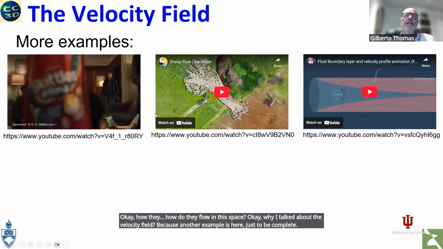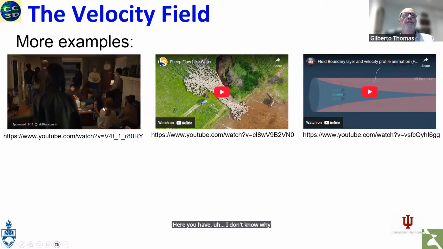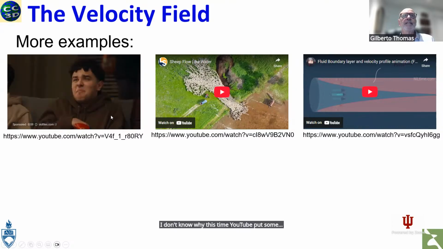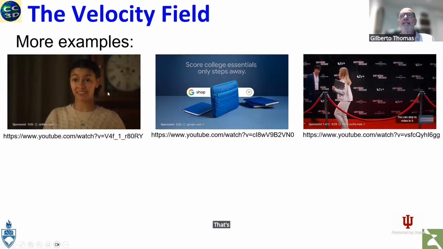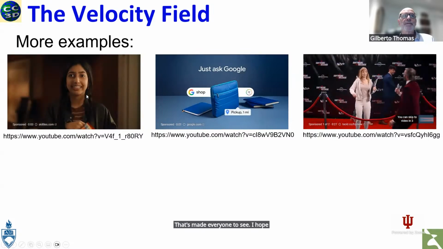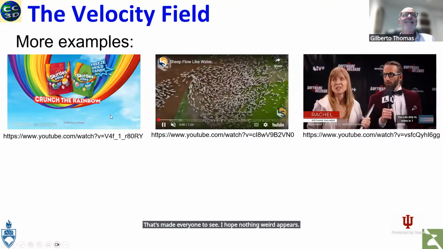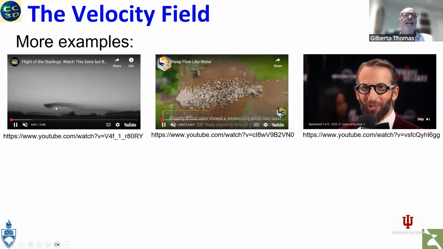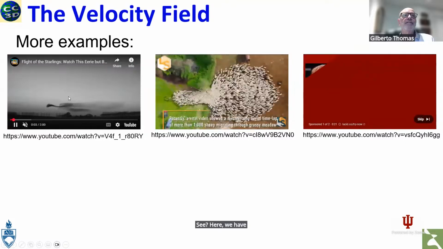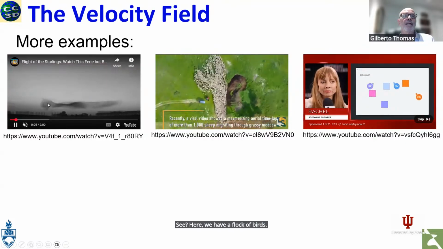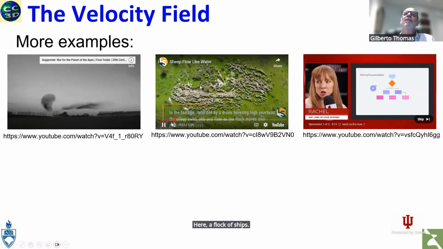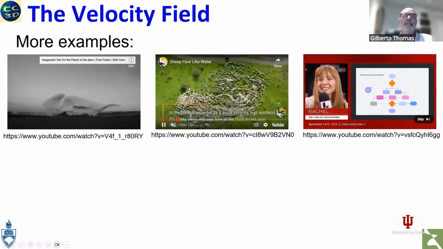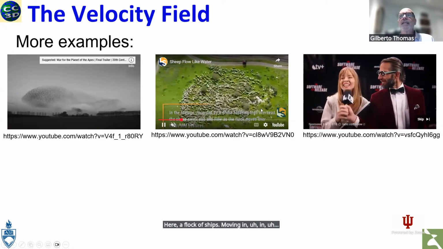Here we have, I don't know why this time YouTube put some advertising here. Let's play it to see. I hope nothing weird appears. See, here we have a flock of birds flying. Here a flock of sheep moving in the country.